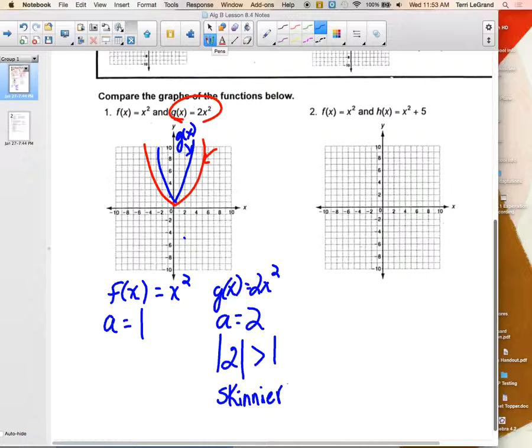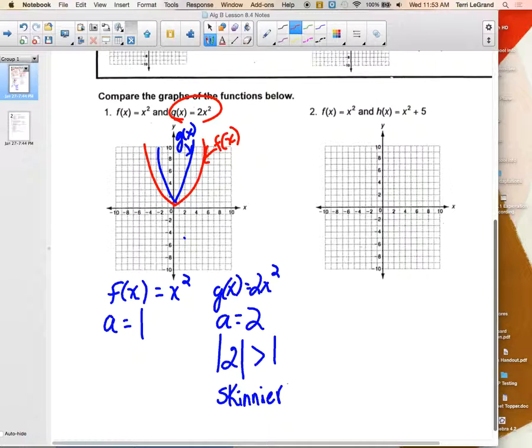And the outer curve is actually our f of x. So g of x ends up being the skinnier one, and f of x is the fatter one. The parent function is the fatter one this time.